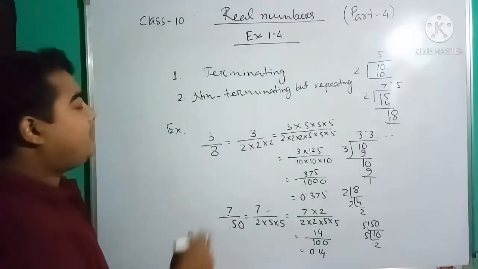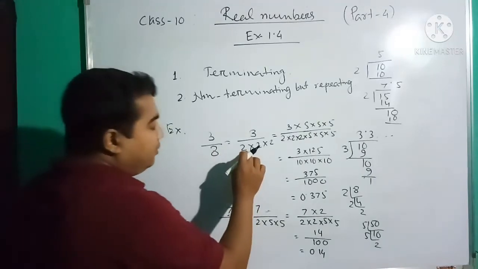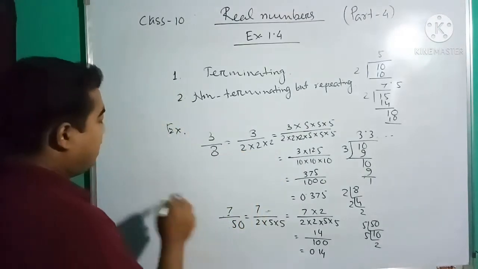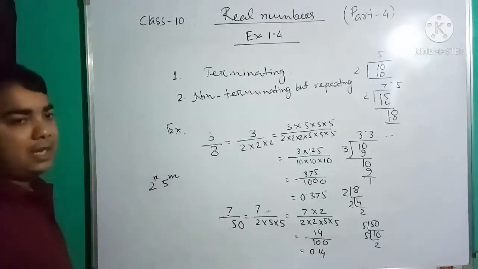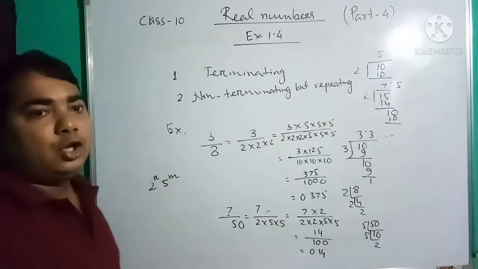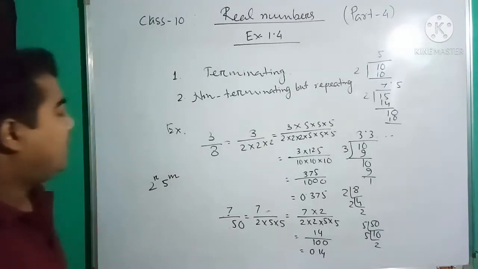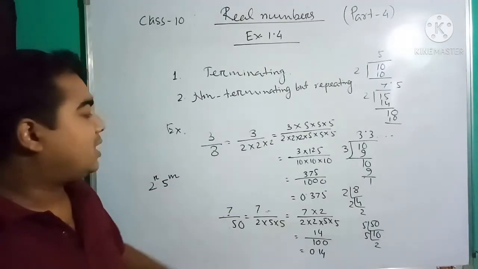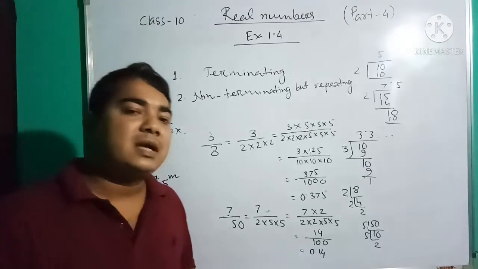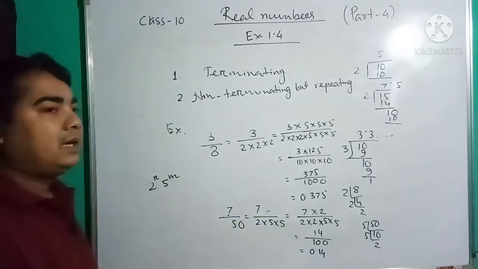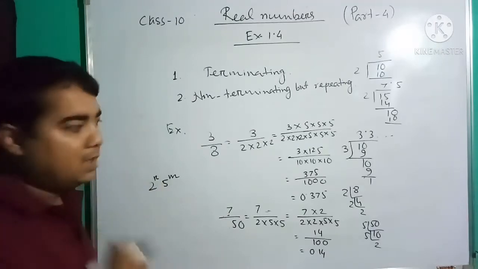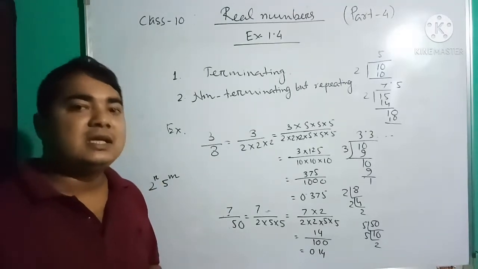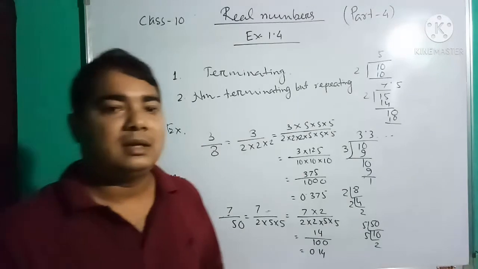That means if a number's factors are in the form 2 to the power n into 5 to the power m, where n and m are any non-negative integers, then that number's decimal expansion is always terminating. If a number has more factors other than 2 to the power n and 5 to the power m, then its decimal expansion is non-terminating but repeating.